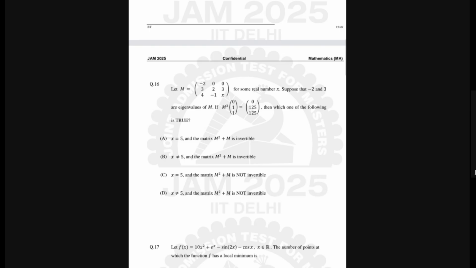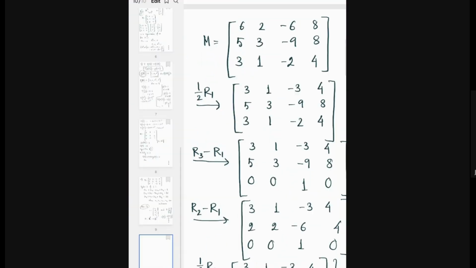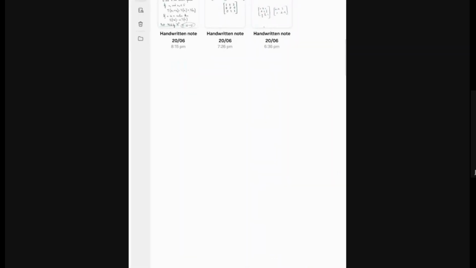Then, like the previous question, you can automatically discard two options. Ma'am, in the previous sum, it had 0, so we were able to calculate it properly. Here, the third eigenvalue is also missing, and the determinant and x value also we have to find. Yeah, then what should we do?